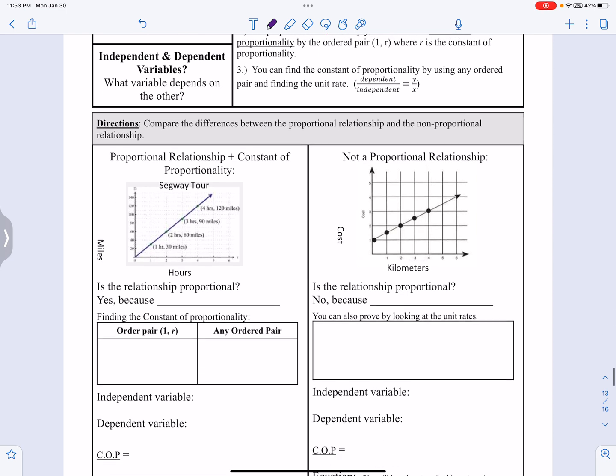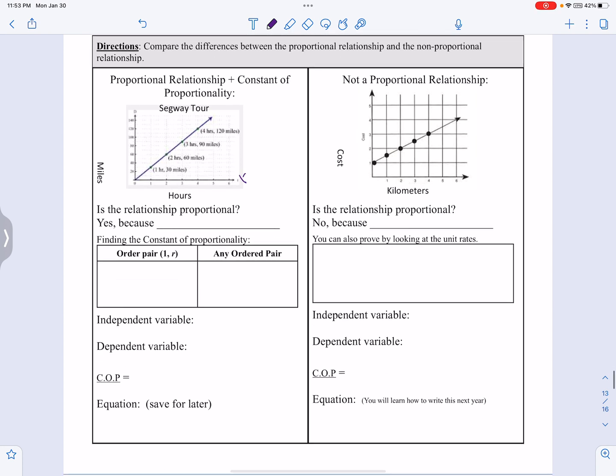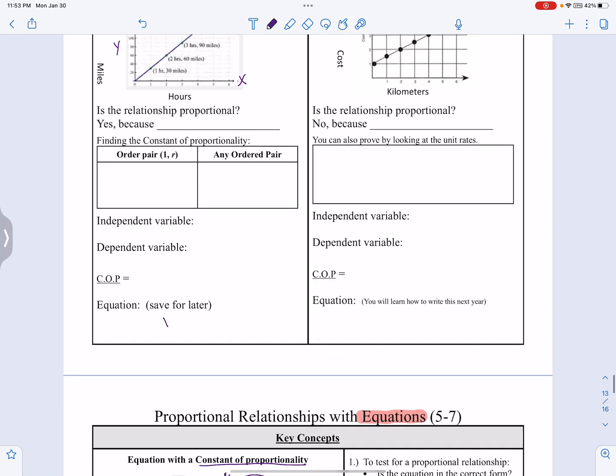Okay, so let's go ahead and test these out. We can identify we have x-axis and y-axis. Okay, and so you can test any of those ordered pairs. Just remember that your equation is y equals k times x. Okay, so what times x? What is that constant of proportionality times x that will get me y?